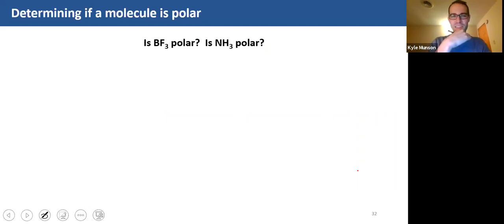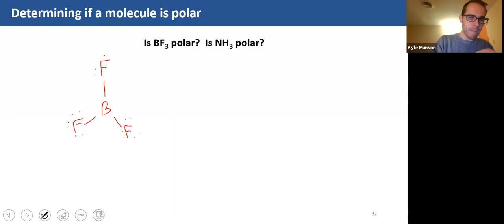BF3, is it polar? Is NH3 polar? Okay, so here we go. We have to draw the little structures first. This is what you get, remembering that boron can have less than an octet.